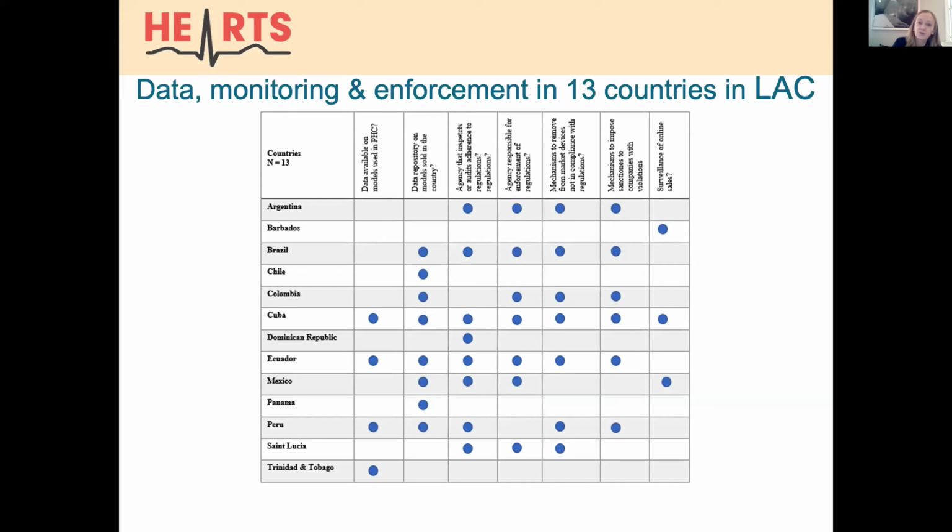It also shows that there is an infrastructure for monitoring. If we have regulations, there is an infrastructure to monitor and enforce, because most countries have some agency that has been granted authority by law to monitor, enforce, and apply sanctions related to compliance with regulations. So we have that infrastructure if the countries were to develop regulations. Next slide, please.